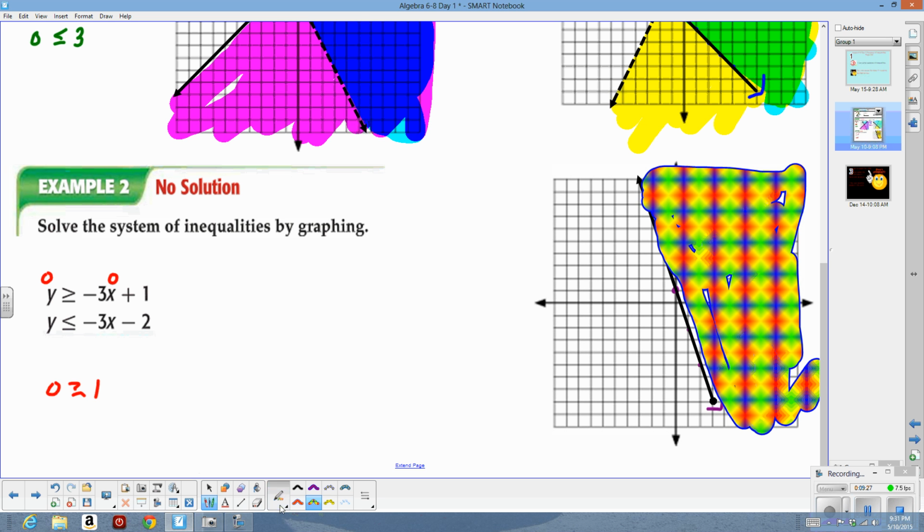Now let's go ahead and graph the second line. -2 is the y-intercept. And the slope is -3 again, so we're going to go down 3 and to the right 1. And it's going to be a solid line again.